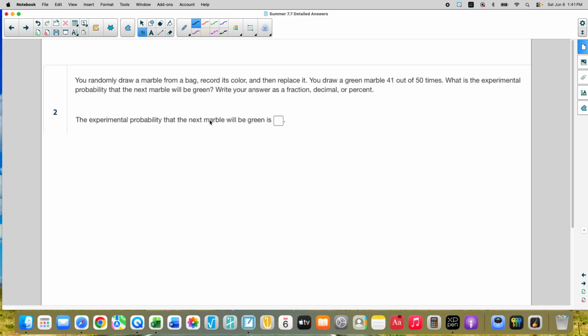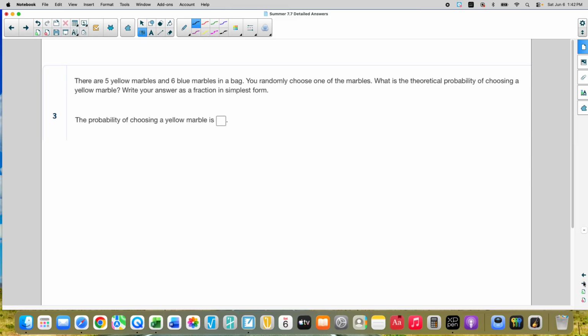Write your answer as a fraction, decimal, or percent. Well, that's going to be 41 successful times out of 50 possible times. So there's my fraction. You could say it's 82%, or you can say it's 0.82. Any of those answers work as the answer.